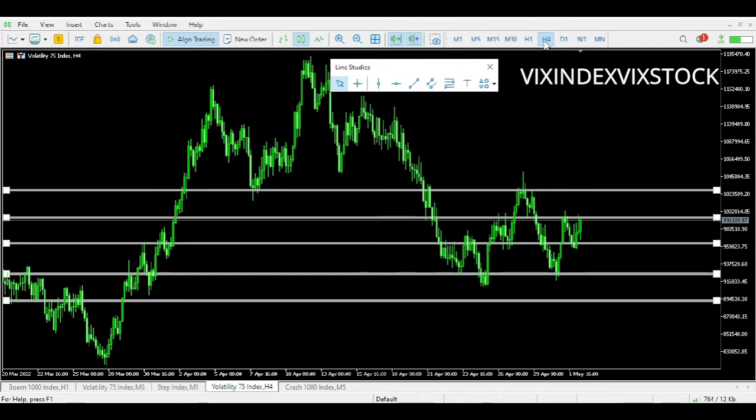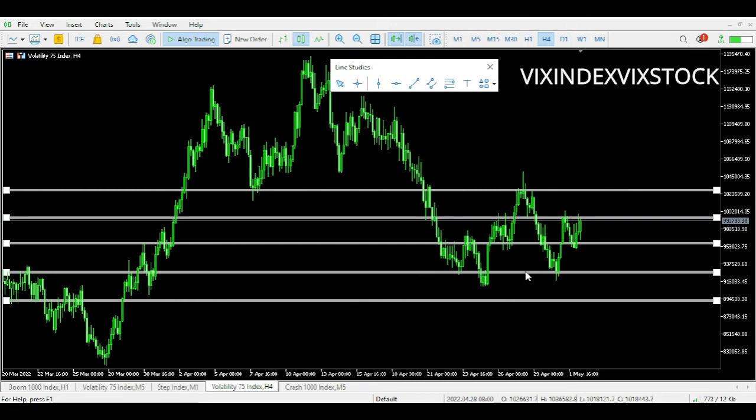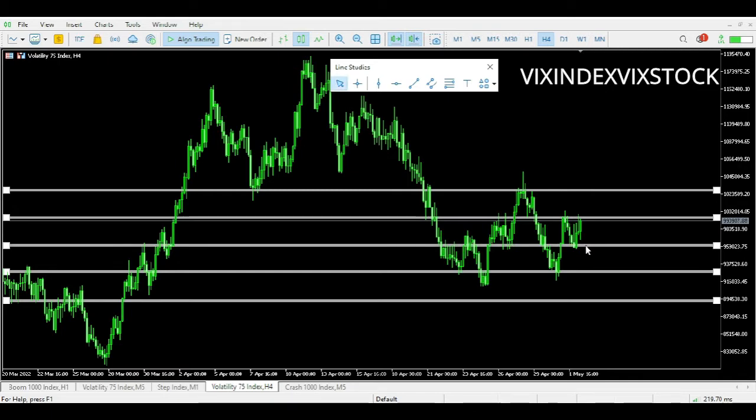Then I go down to my 4 hour just to refine some of these levels a bit. I want to capture these levels as much as I can. You always look left. You always look left if you do not want to go wrong in your trading.